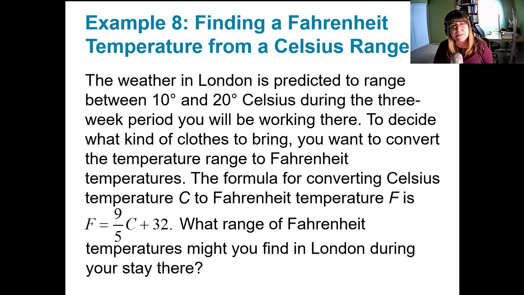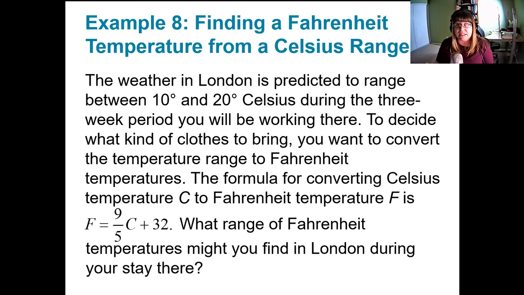Well, let's try a problem similar to the previous problem, but this time a real-world problem. Now we know the temperature in London can range from 10 Celsius to 20 Celsius during this 3-week period of time you'll be working there. You want to decide what kind of clothes you want to bring. I mean, if 10 degrees Celsius is cold, you better bring a jacket.